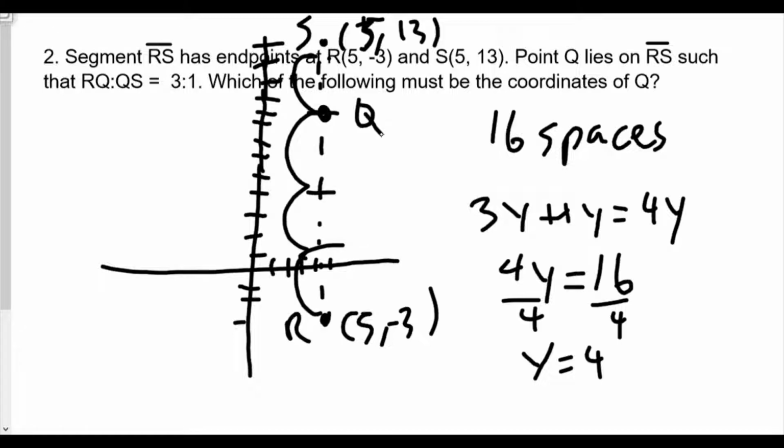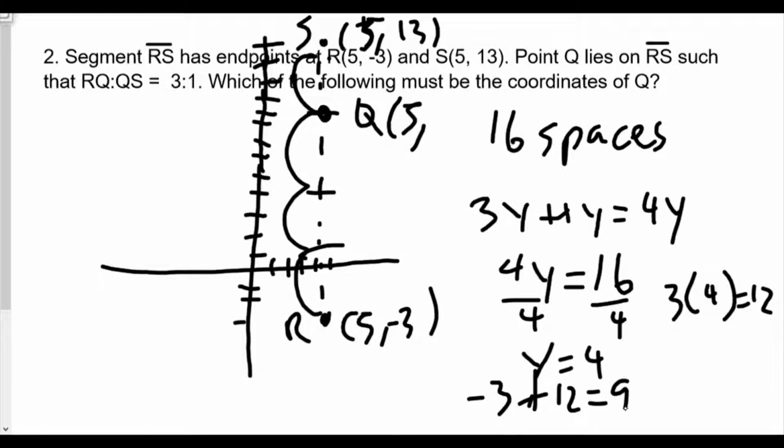So Q is about here, and the x value doesn't change, so that's 5. But we go not 4, but 3 times 4, so we're going up 12. We take -3 plus 12, which is 9. So Q is at (5, 9).